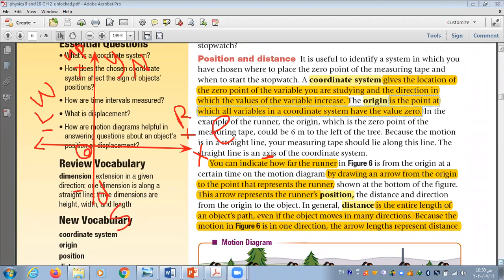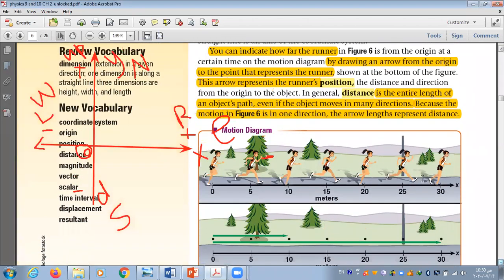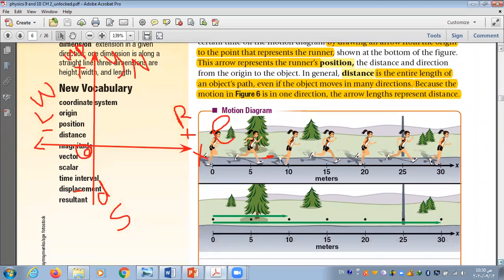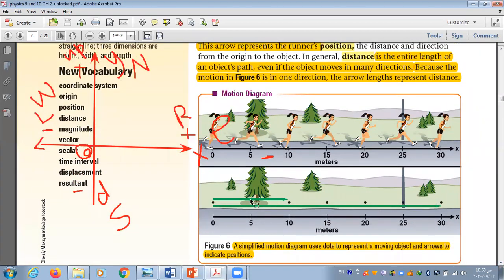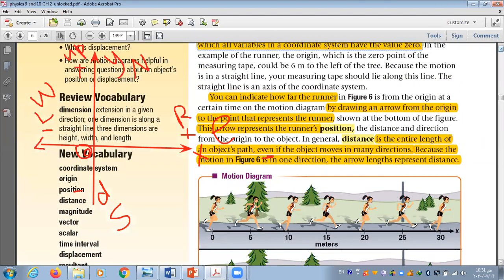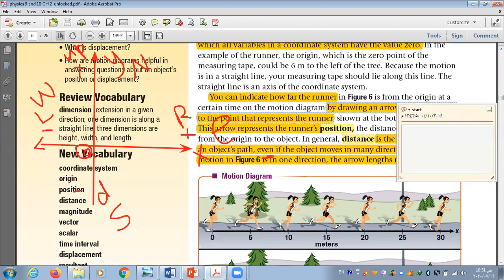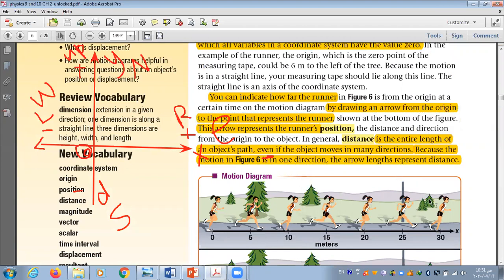Here in this picture, he made an arrow, this green one, to tell you the position. And if you have a measuring tape, you can stop the stopwatch to detect the time. This arrow represents the runner's position, the distance and direction from the origin to the object.